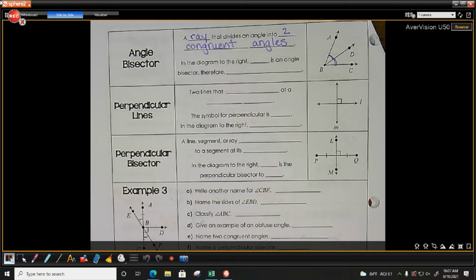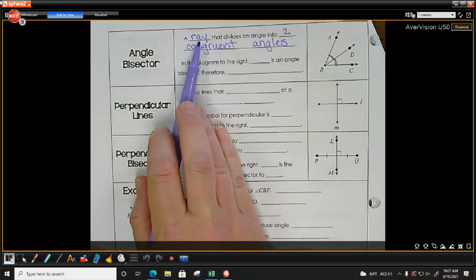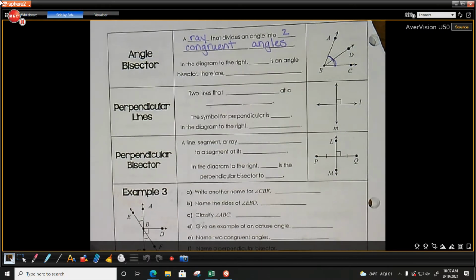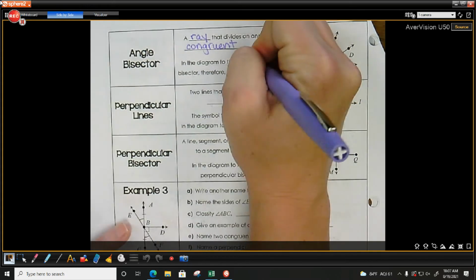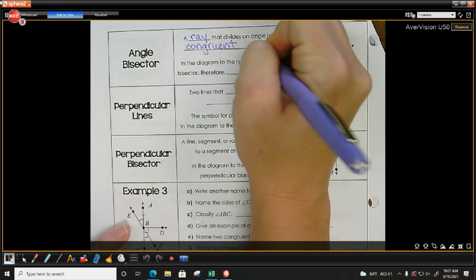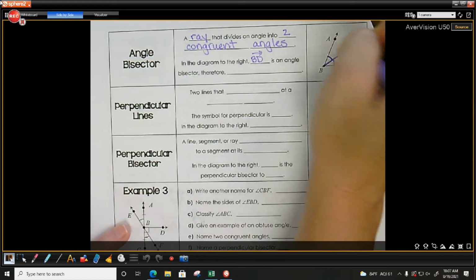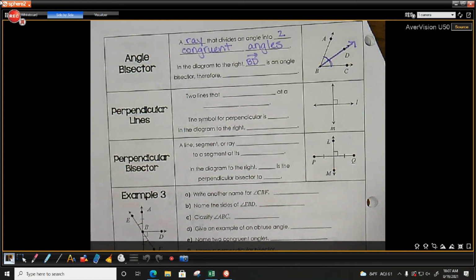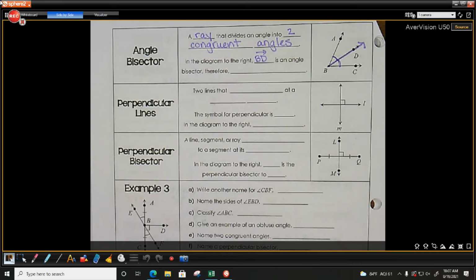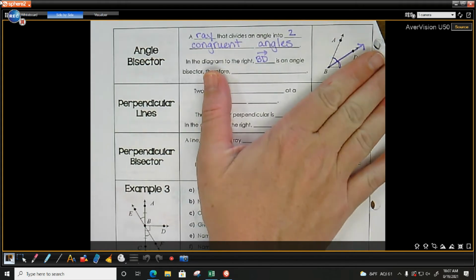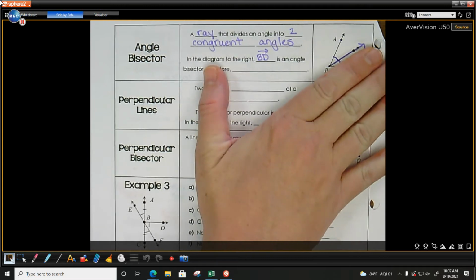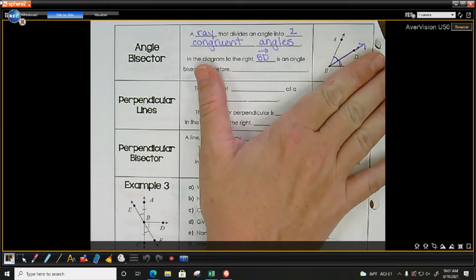In the diagram to the right, what is my angle bisector? It's a ray. So ray BD. Ray BD is an angle bisector. Therefore, if I'm labeling this angle right there, the top part, can I use just one letter?